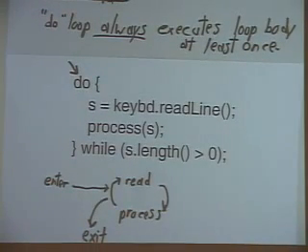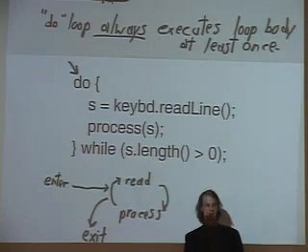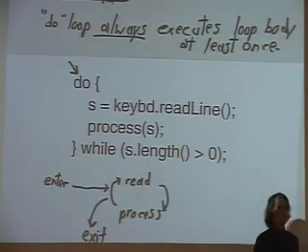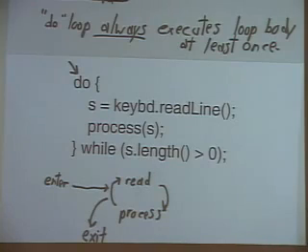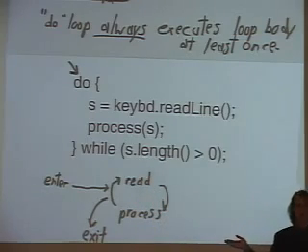But you might say, well, if we read the string and the string is empty, there's nothing in it, then maybe it doesn't make sense to call process at all. So maybe that's the wrong place to exit the loop. So you will probably find frequently that you have to write loops where the natural entry point into the cycle here and the natural exit point are not the same.